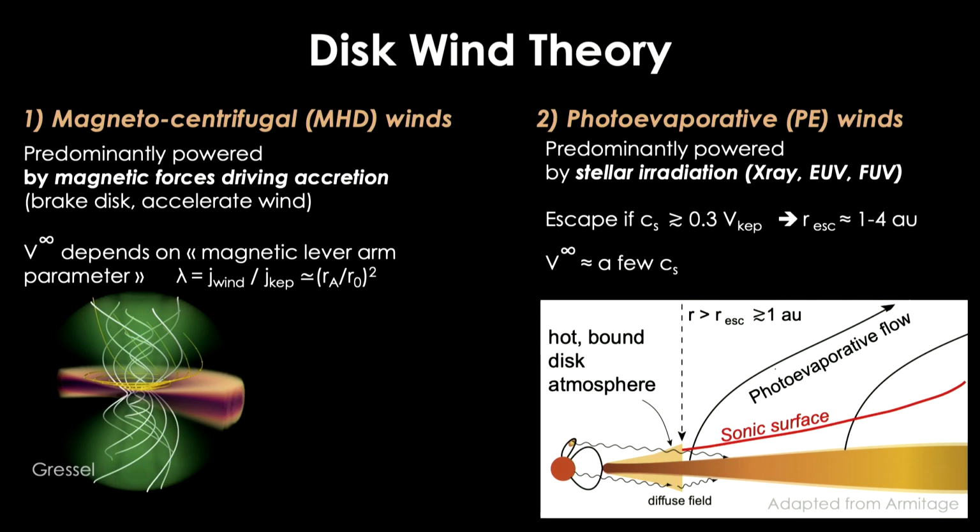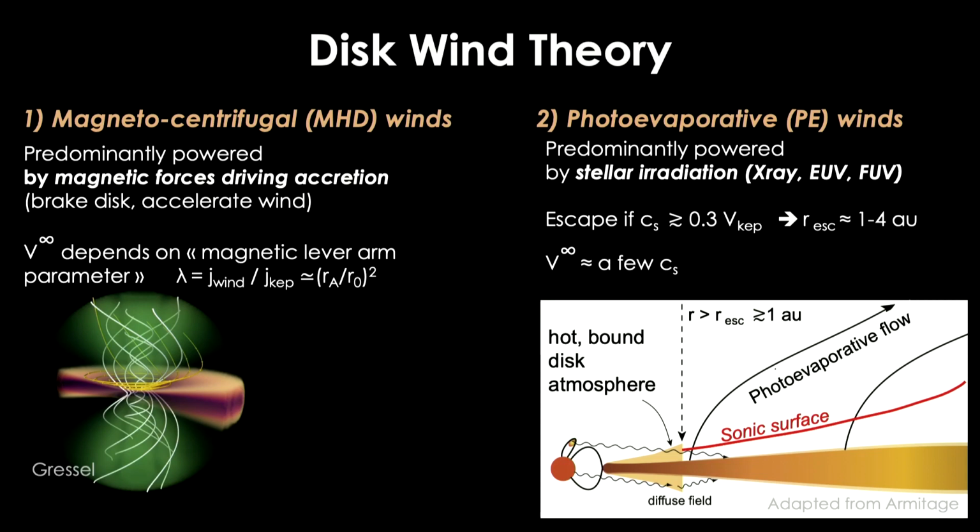And the photoevaporative winds, in contrast, are powered predominantly by stellar irradiation: X-rays from the corona of the star, EUV from chromospheric activity, and far UV from the accretion shock onto the stellar surface.